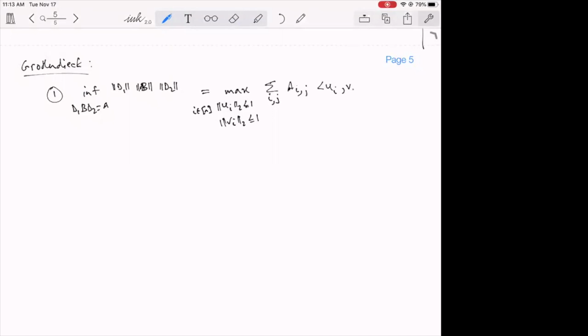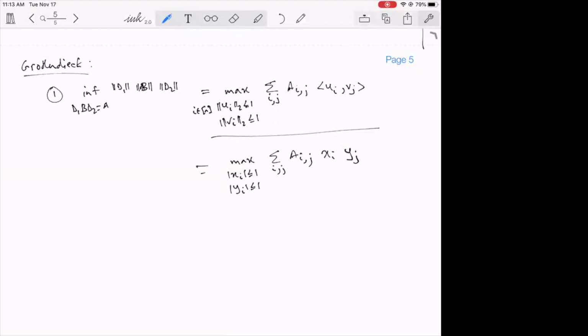This should be compared to the bilinear maximization, which, recall, was the following. We maximize over xi with absolute value at most 1, yi with absolute value at most 1, sequences of scalars, the summation over i, j of aij xi yj.